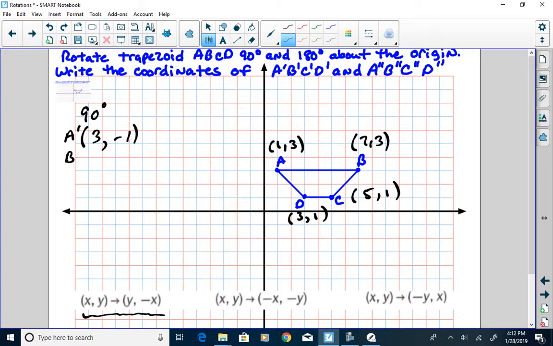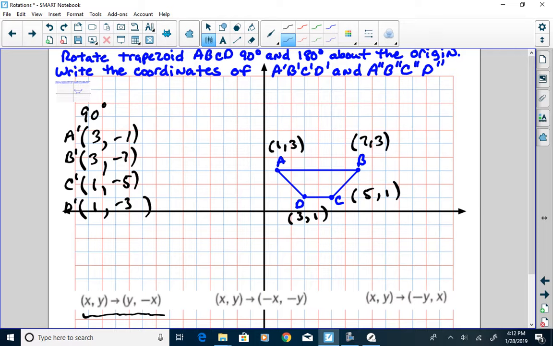B prime, I need the y value, which would be 3, and then the opposite of x, negative 7. C prime, I need the y value, which is 1, and then the opposite of the x value, which would be negative 5. And then we have D prime. For D prime, we need what? The y value, which is 1, and then the opposite of x, which would be negative 3.